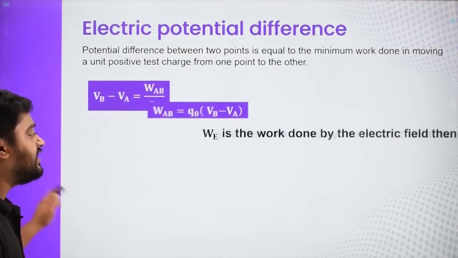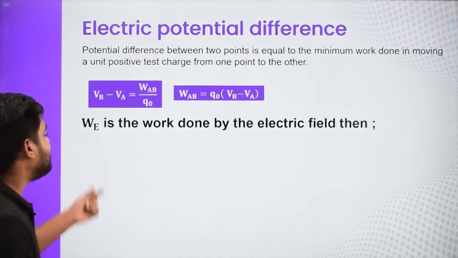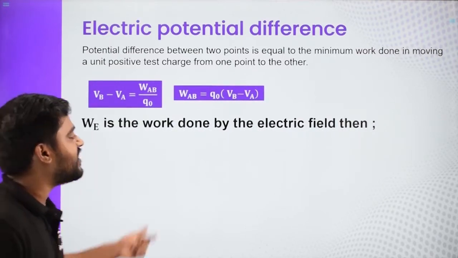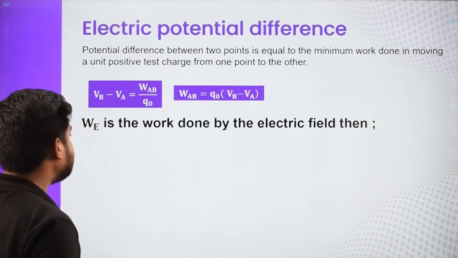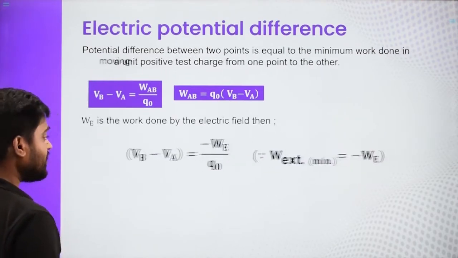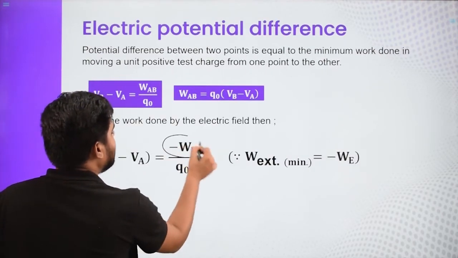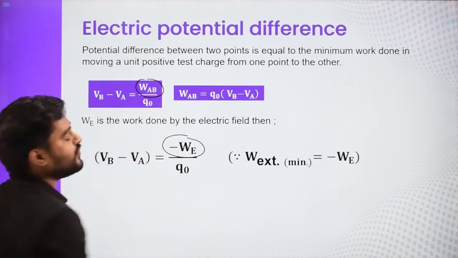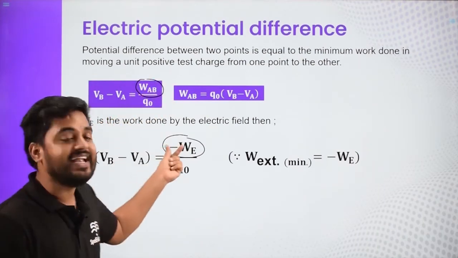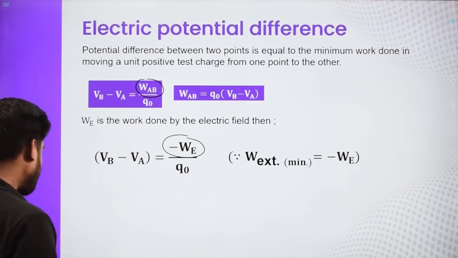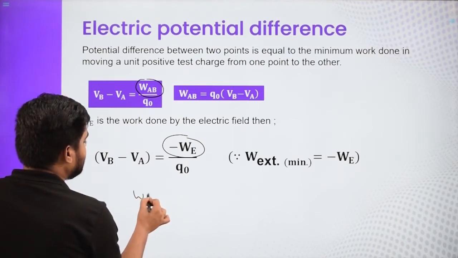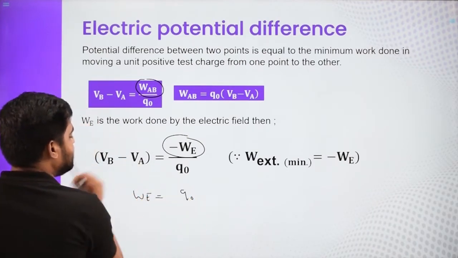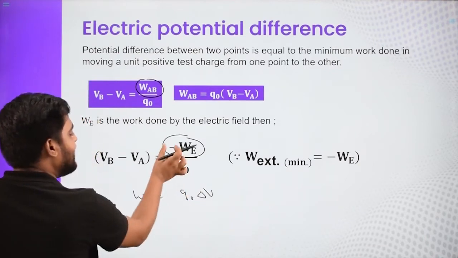Next, what if we are talking about the work done by electric field? If W is the work done by electric field, then the work done by electric field is the negative of the work done by external force. So instead of this, we write the negative of the work done by the field, and from there we get the work done by electric field is Q naught delta V with a negative sign.